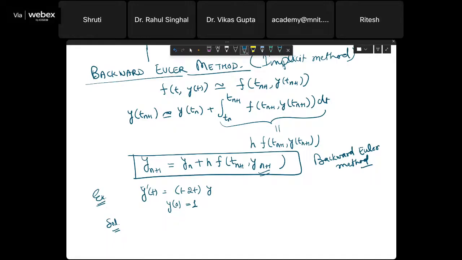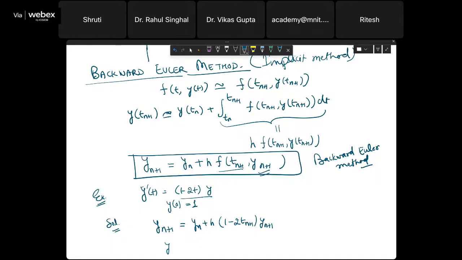Otherwise, it is going to give you a similar thing. So when you apply this method, the expression you get is yn plus 1 equals yn plus h, and the f function is this, so this becomes 1 minus 2 tn plus 1, yn plus 1. It is a linear form.